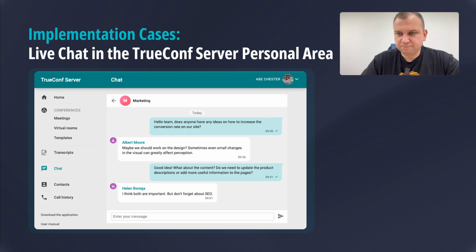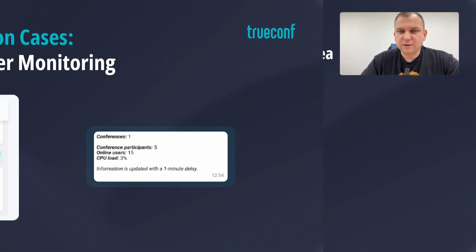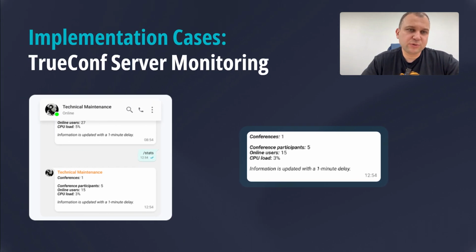Some other examples where a chatbot could be used, for example, for monitoring. We can see some system metrics, some parameters of systems the chatbot is asked to deliver updates for. It could be TrueConf Server, it could be some corporate mail server, it could be PBX, whatever.